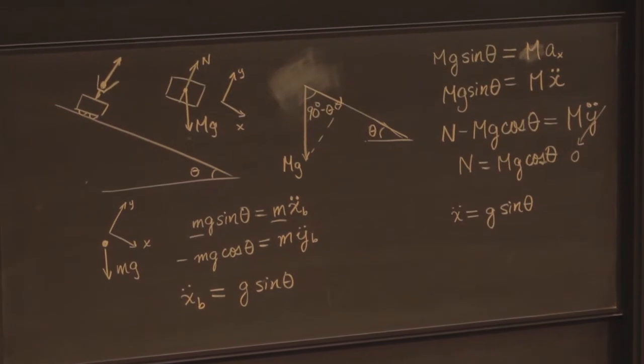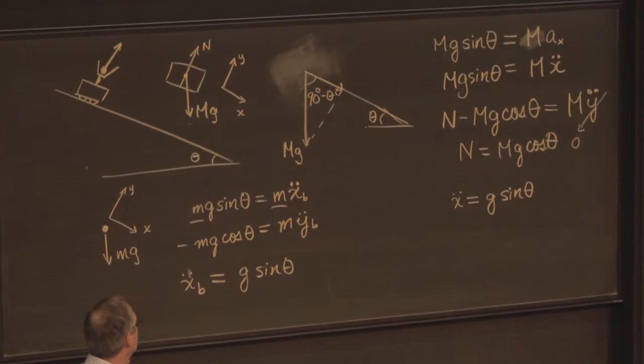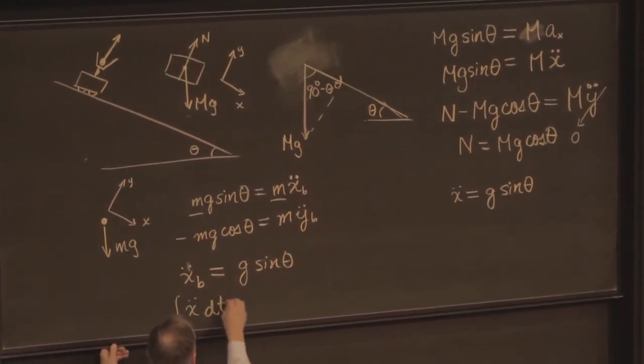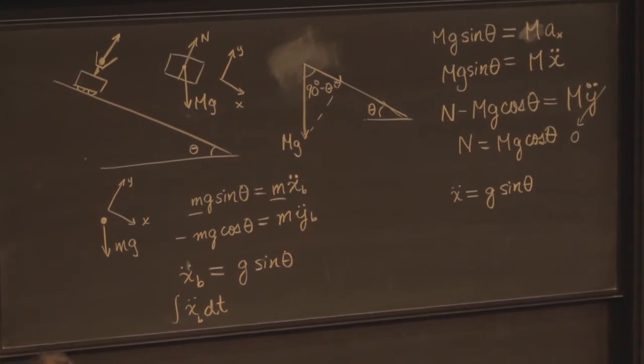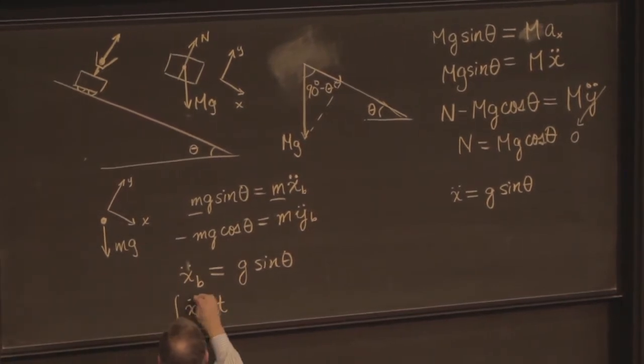What about the initial velocity in the x direction? If I integrate the acceleration with respect to time, I'm going to get the velocity.